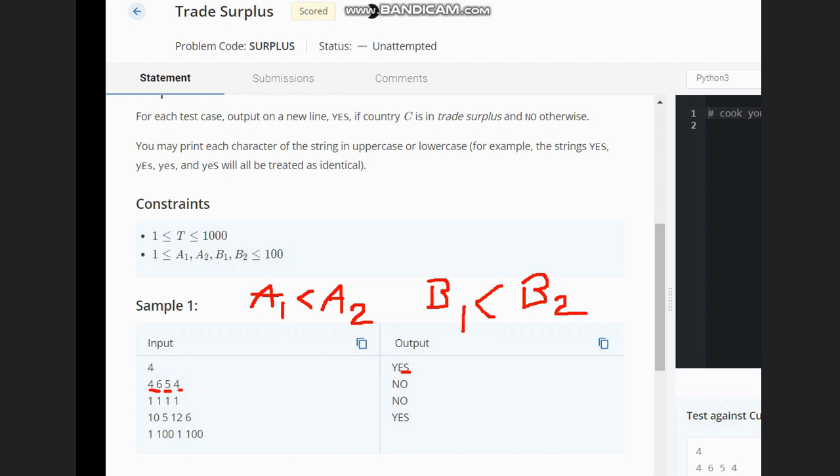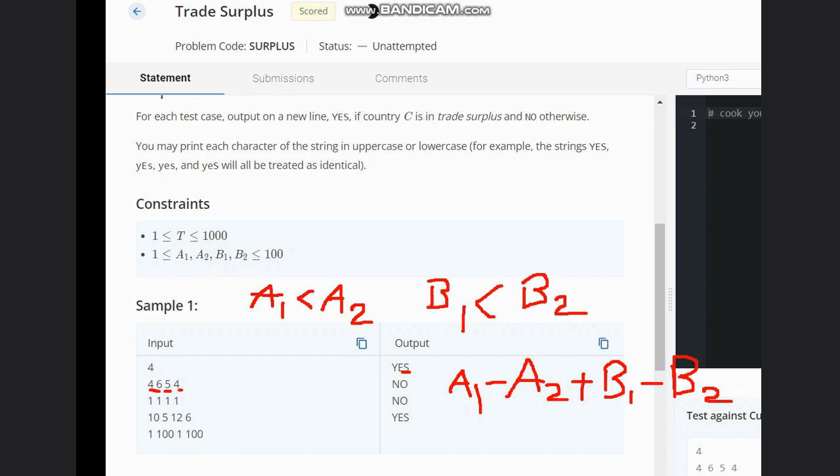So how do we calculate now? Instead of writing individual conditions, we can just say A1 minus A2 plus B1 minus B2.